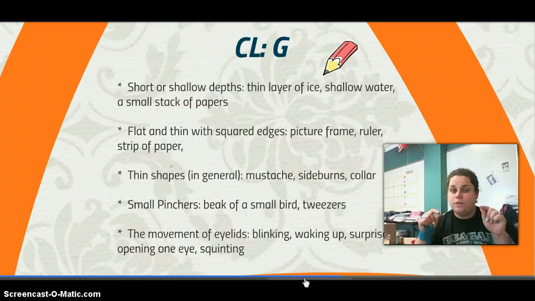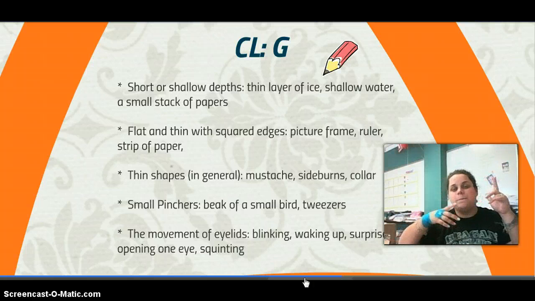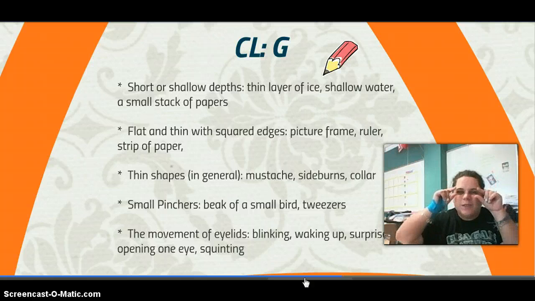You can open and close it to show a beak or tweezers, whenever you're picking things up, or pinchers, like a crab. You can also open and close it to show eyes. So blinking, a wink, closing your eyes, opening them suddenly, squinting.